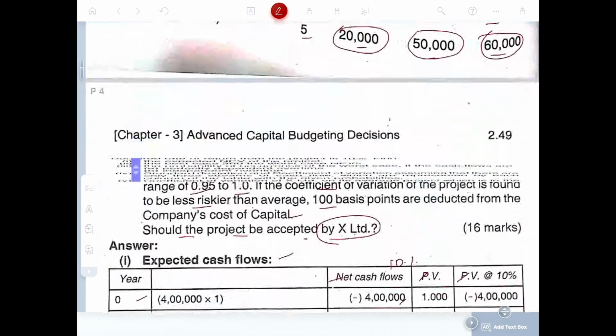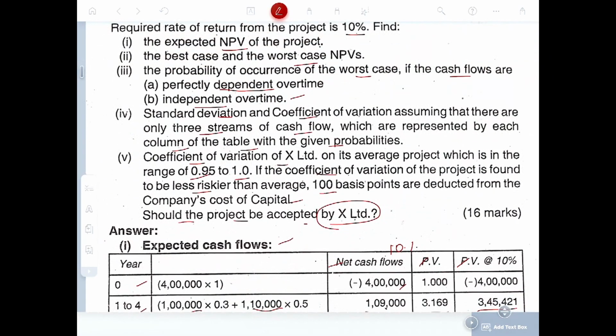Second question: the best case and worst case of NPV.